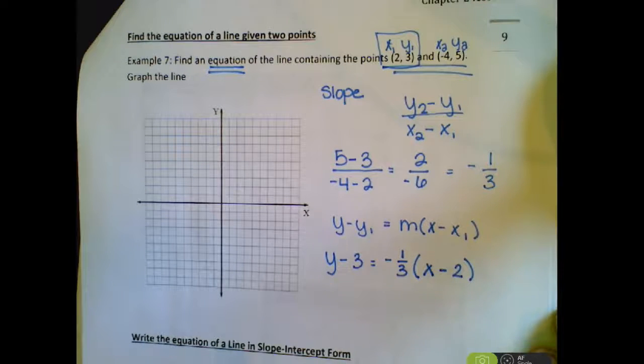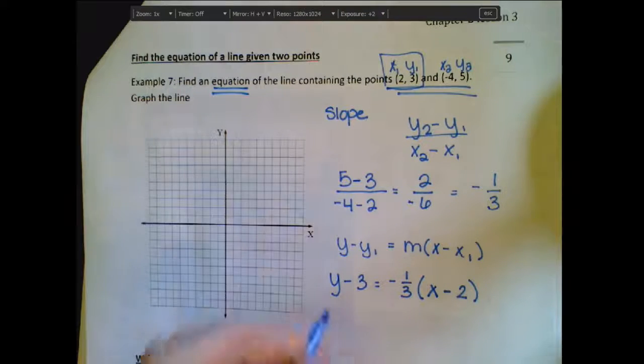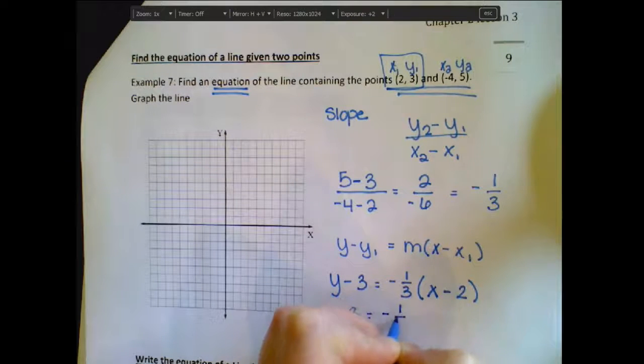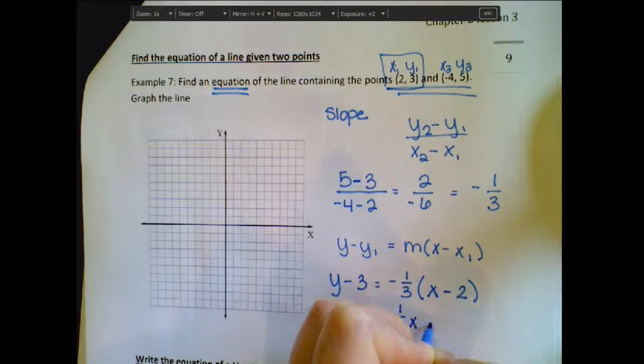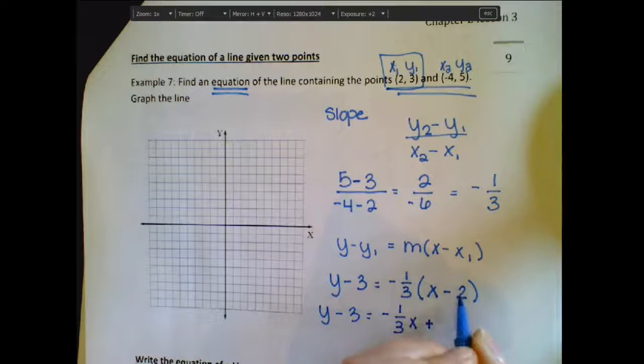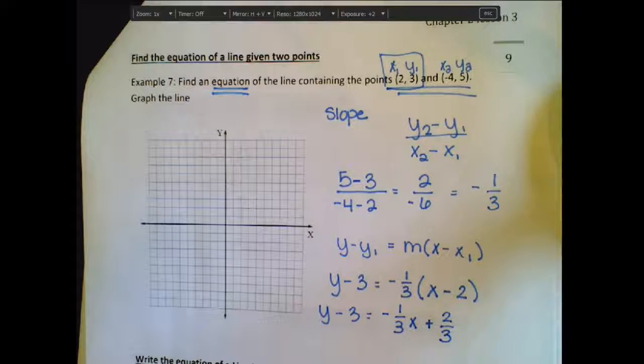I'm going to distribute. I'm going to continue to solve for y because I want it in that y equals mx plus b form. To do that, I'm going to have y minus 3 equals negative 1/3 x, actually it's going to be a plus because I'm going to have a negative times a negative, which makes a positive, plus 2/3.